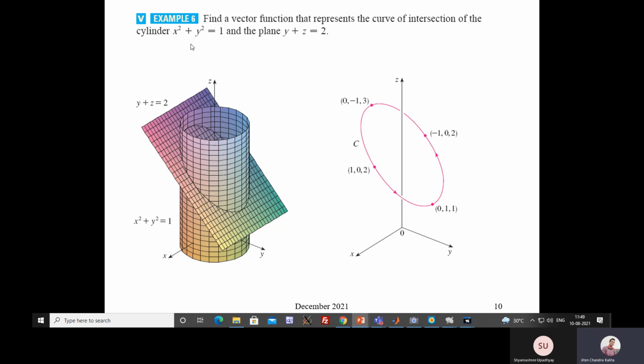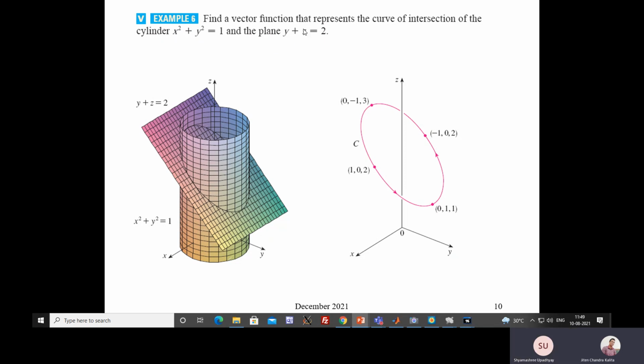The very first equation of the cylinder has given you a clue. If I use the parameter t, x squared plus y squared equal to 1 simply can be parameterized by x equal to cos t and y equal to sin t. Is it okay? Yes.